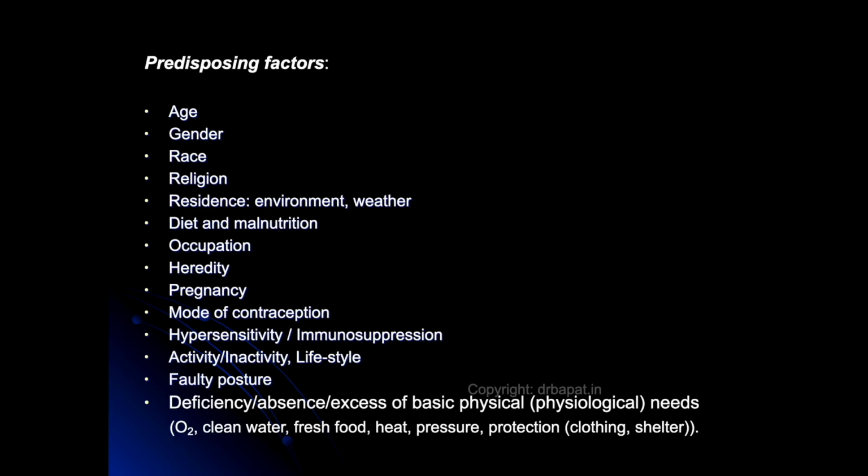And these are the predisposing factors: age, gender, race, religion, residence, diet, occupation, heredity, pregnancy, mode of contraception, hypersensitivity, immunosuppression, activity/inactivity, and lifestyle, faulty posture, and deficiency or absence or excess of basic physical or physiological needs, namely oxygen, clean water, fresh food, heat, pressure, and protection.